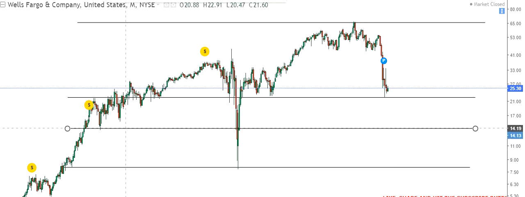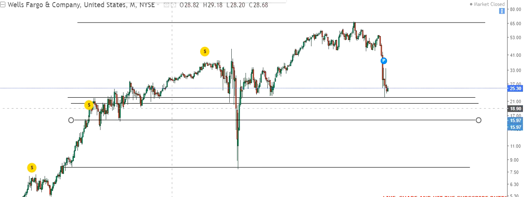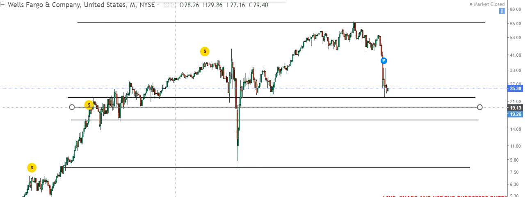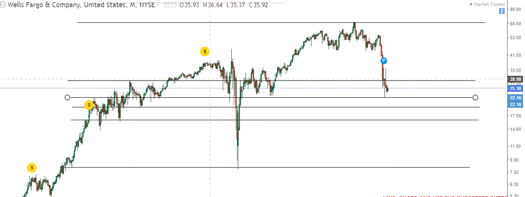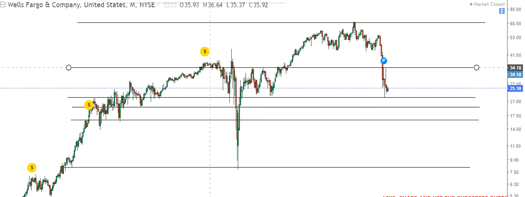It means that our resistance or support or our target, either on the upside or on the downside, will be restricted inside the range. That's the nature of a flat chart.